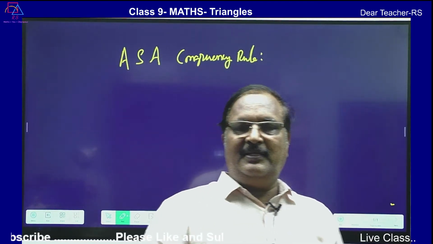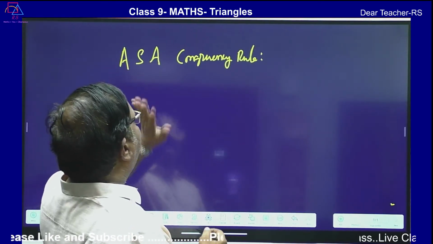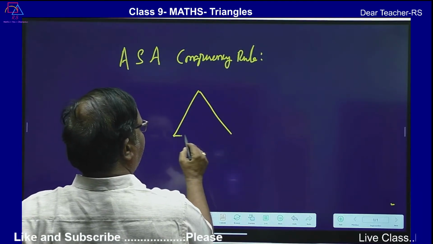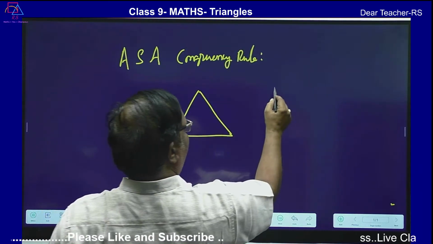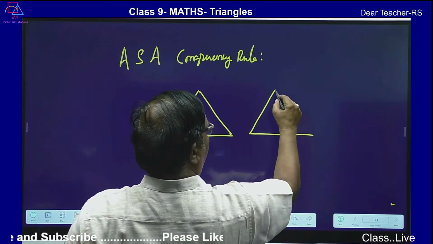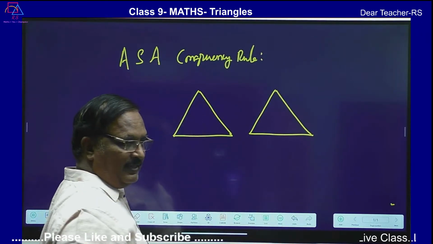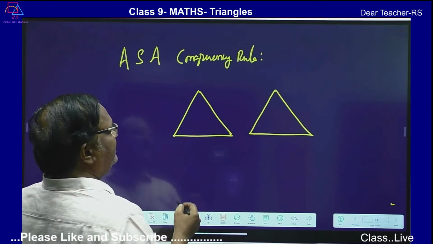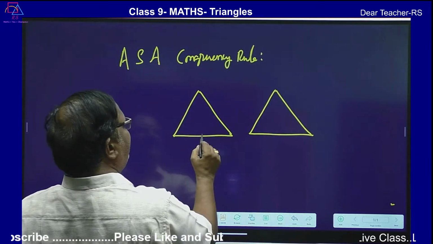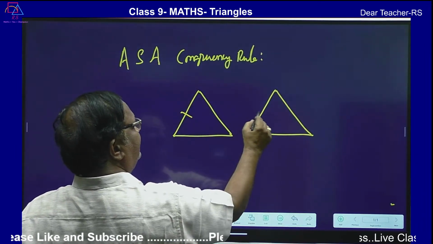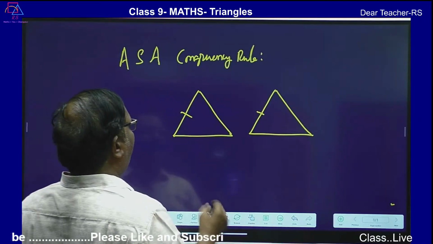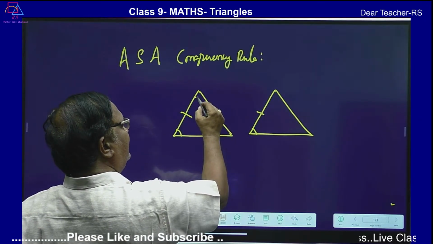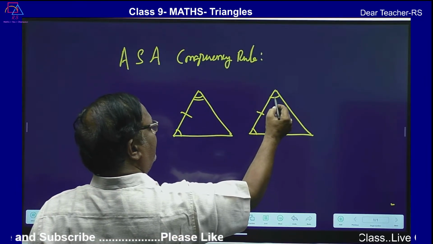So then, the ASA congruency rule. There are again two triangles. I am not labeling the triangles. Actually, drawing figures without labeling is a crime, but I am doing the crime. Now in these two triangles, only one side is equal: this and this are equal. This angle and this angle are equal, and this angle and this angle are equal.